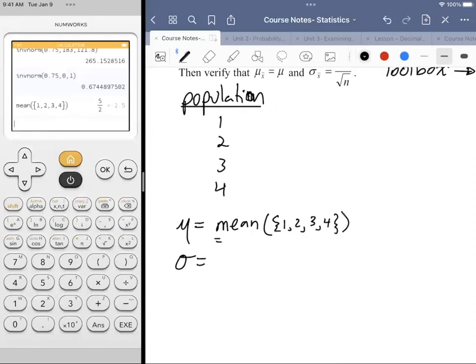And as a result, we get 2.5. I mean, you're looking at the numbers 1, 2, 3, and 4, and you're finding the average. In theory, you probably shouldn't need a calculator for something like that, but we know that this is the rare instance where the numbers are actually nice.